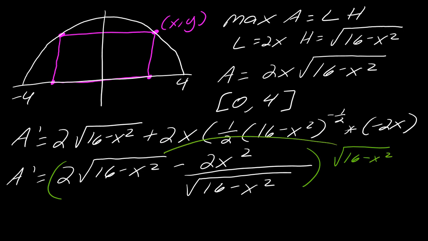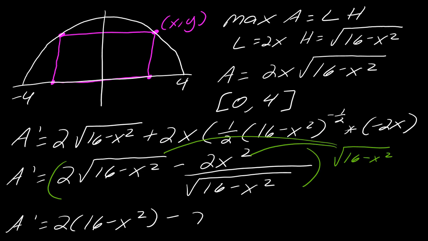I'm literally going to distribute this to both parts, which gives me 2 times just 16 minus x squared, and then this part will just become minus 2x squared. So now you can see that this will really simplify. So this will simplify then to negative 4x squared plus 32. Cool.